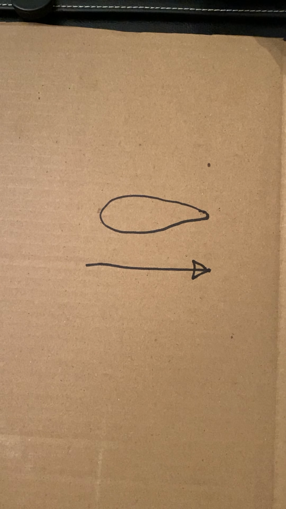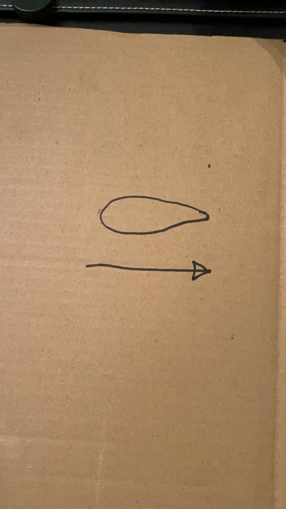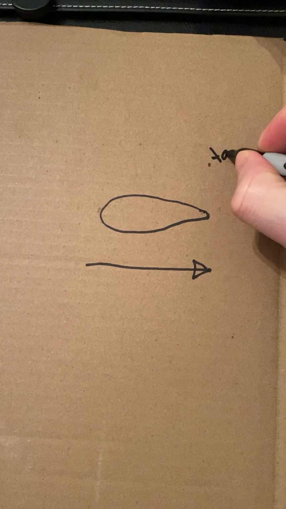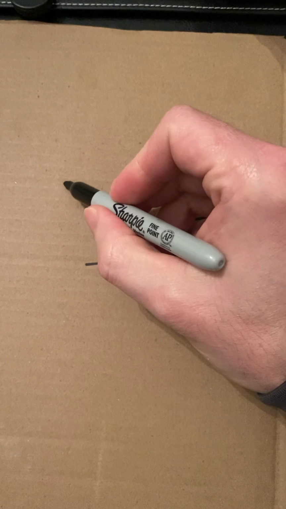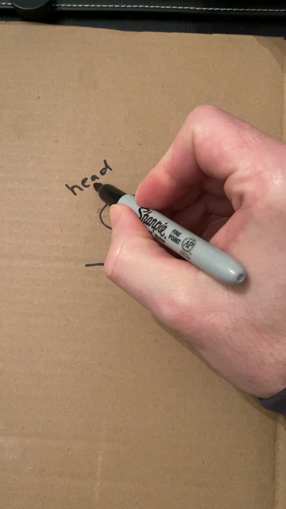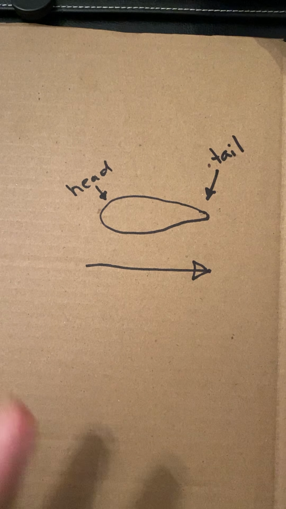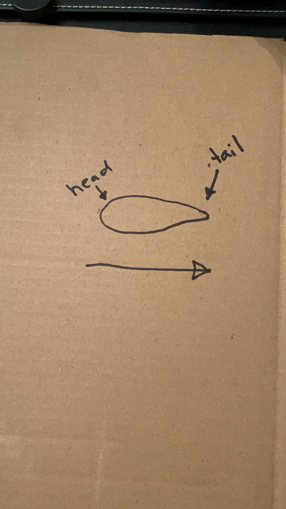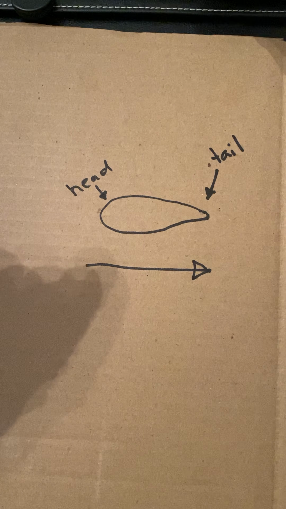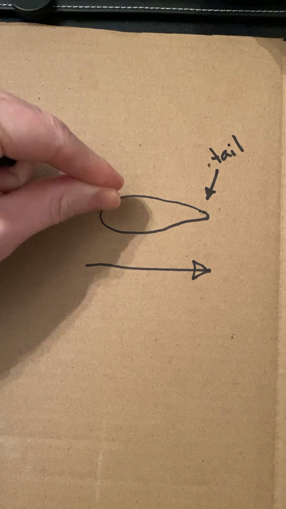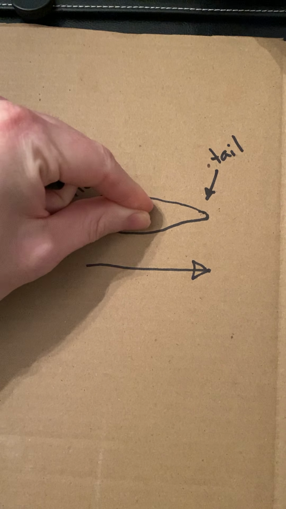And as far as the labeling goes, this would be called the tail. And then this over here is called the head. So they're different points that you could refer to on a blood spatter droplet. So what you'll often see is, imagine this, if you've got a blood droplet and it's headed in this direction.